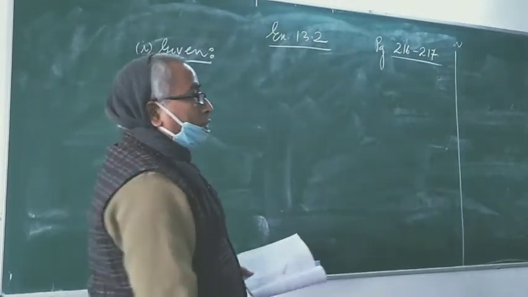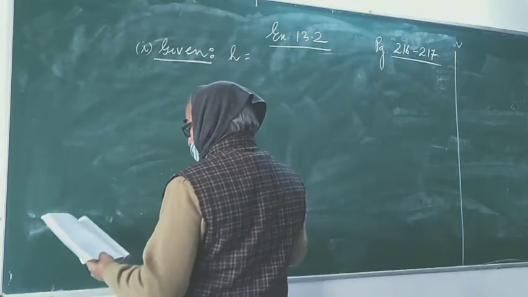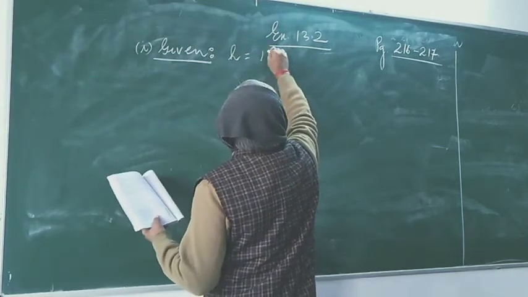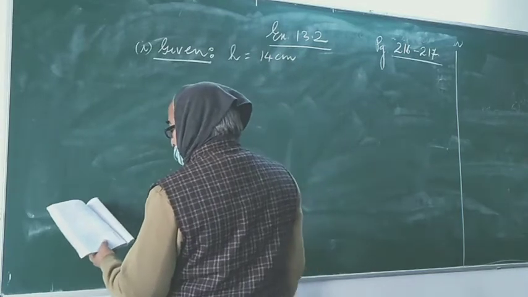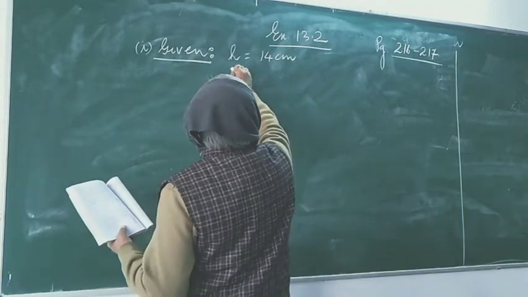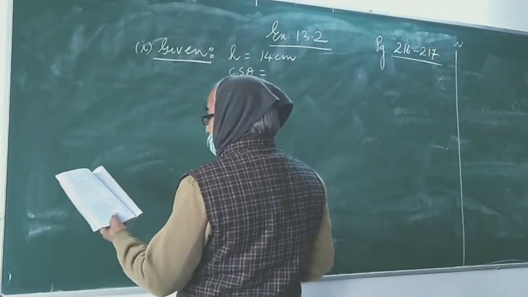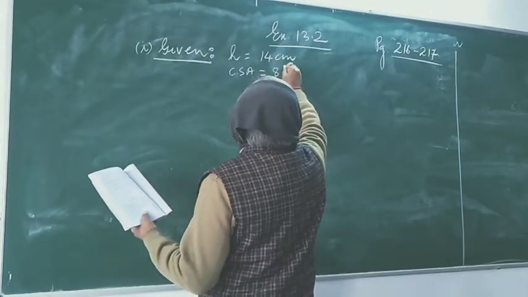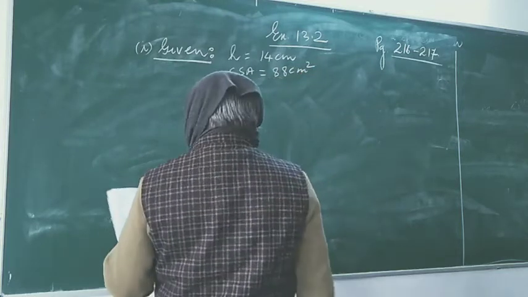Height is given. The value of h is given: 14 centimeter. Again, what is given? Curved surface area, CSA. What curved surface area is there? 88 centimeter square.